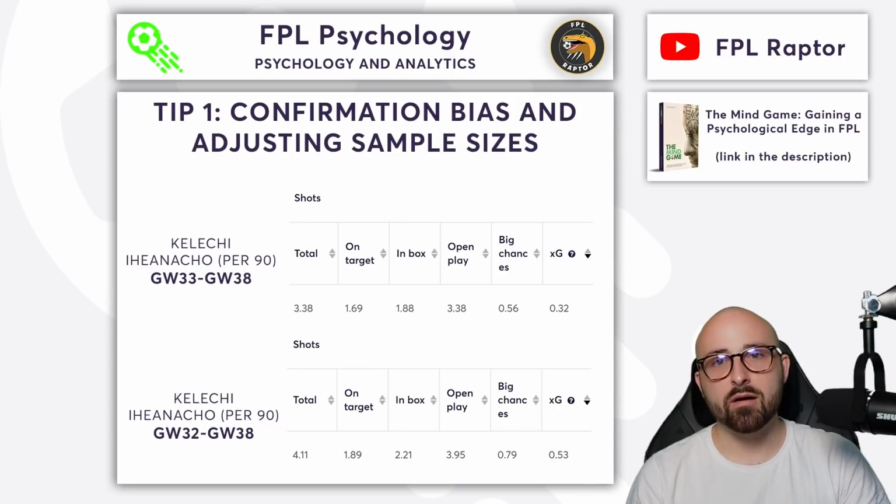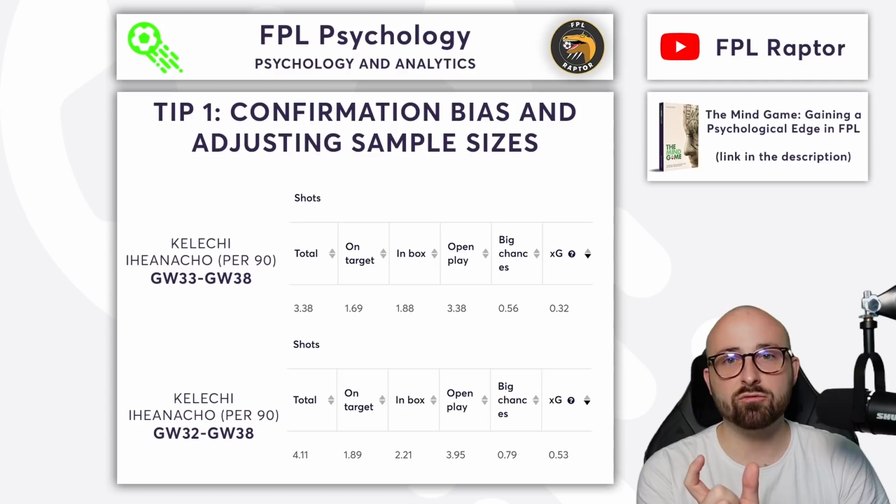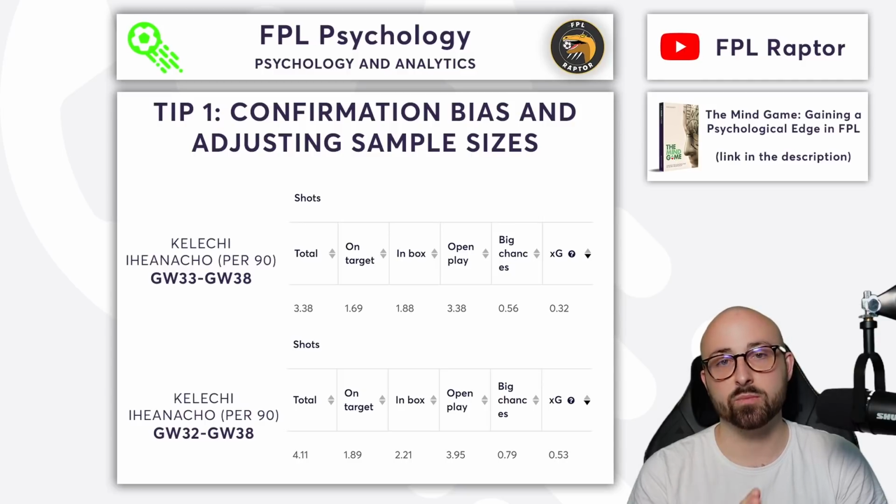And the main way it applies is if you're searching for statistics to suit your prior belief. So say last season when Kelechi Iheanacho went on that fantastic run of form, say you wanted to bring in Kelechi Iheanacho and you weren't sure what sample size to look at, etc. So this is just to show you the influence of adjusting a sample size or a game week range in statistics by 1 game week.